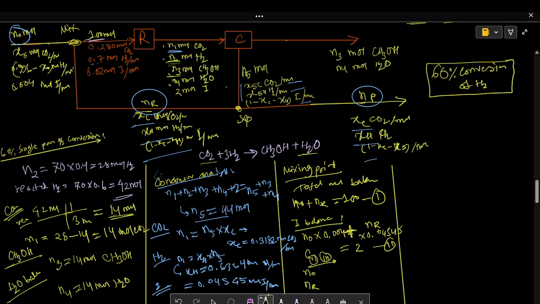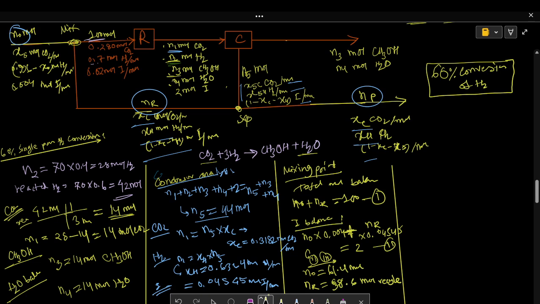By solving these two equations, N naught is 61.4 moles fresh feed, and NR is equal to 38.6 moles recycled to the process.